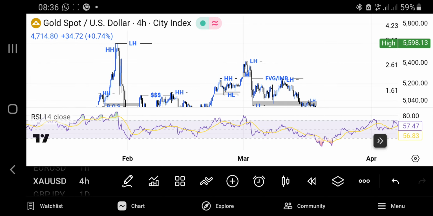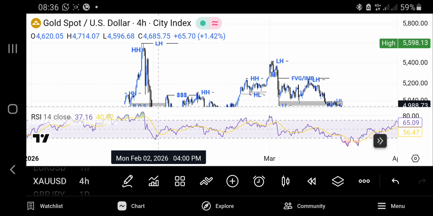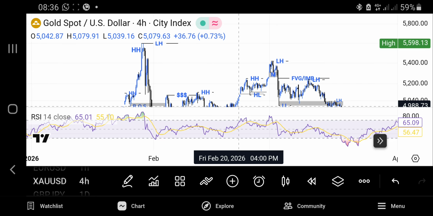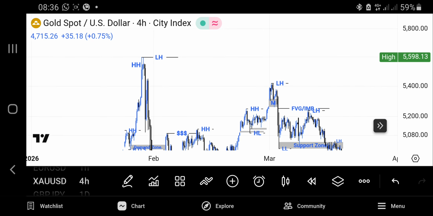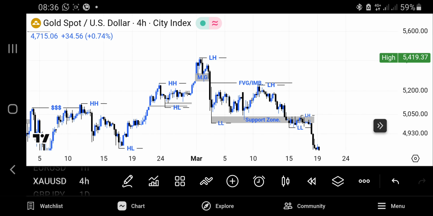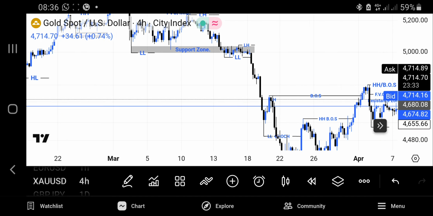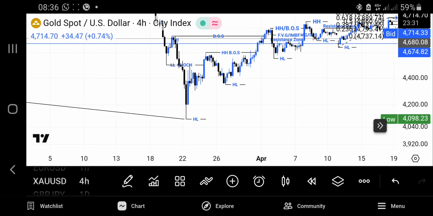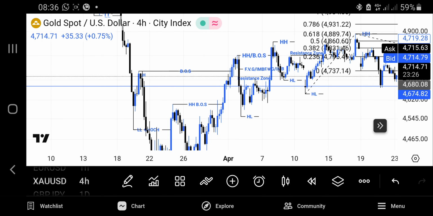I'm looking for a higher high from this RSI. I couldn't get one. This lower high, this lower high as well. Not a higher high. So this gap was left unfilled. The market fell, got to this place and started going up. You can see it.